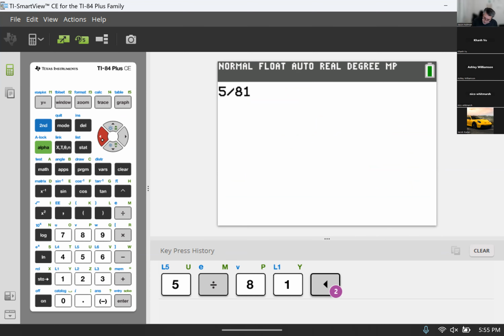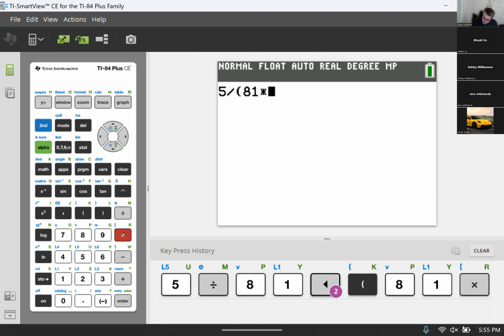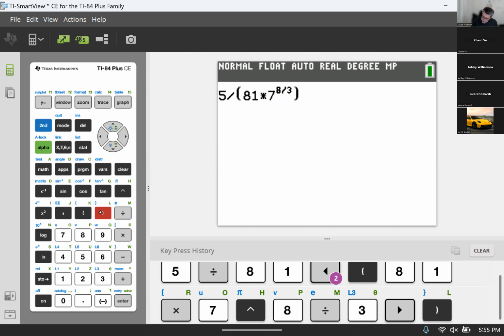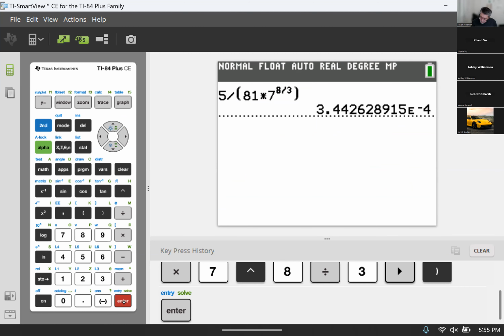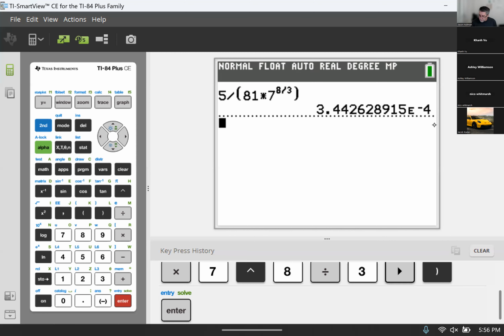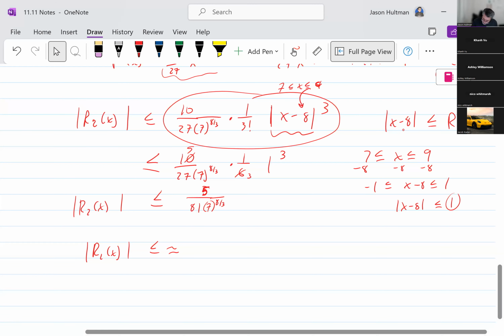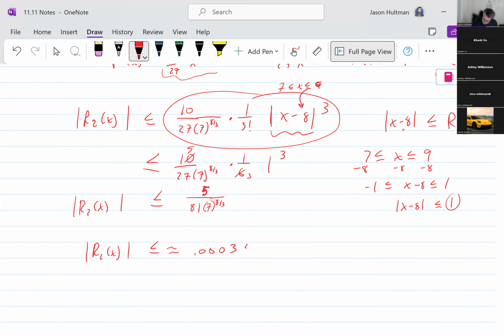Let's not forget the parentheses. 81 times 7 raised to the 8/3 power. Okay, parentheses, equals. This is 3.443 e to the -4th. That just means times 10 to the -4th, which means I'm going to have 3 zeros in front. So this is approximately 0.00034443.